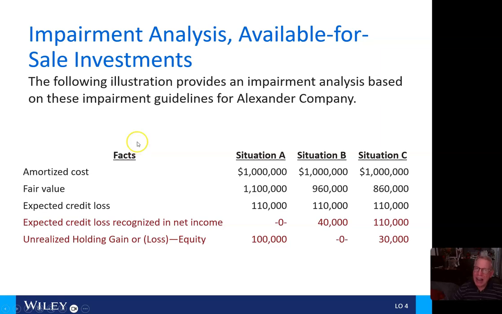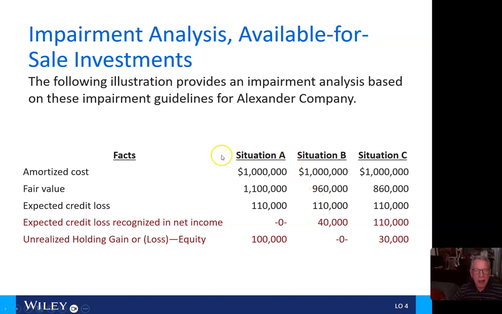Now, impairment analysis, here we're looking at the available for sale investments. The following illustration provides an impairment analysis based on these impairment guidelines for Alexander Company. So here are our facts. We have our amortized cost, fair value, expected credit loss, the expected credit loss recognized in net income, and the unrealized holding gain or loss in equity.